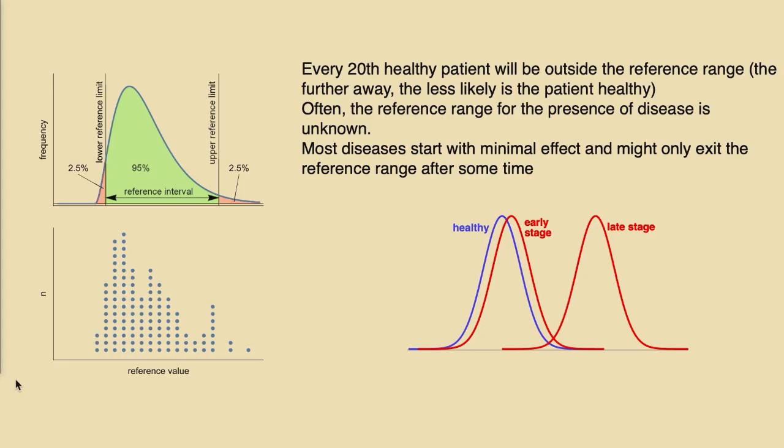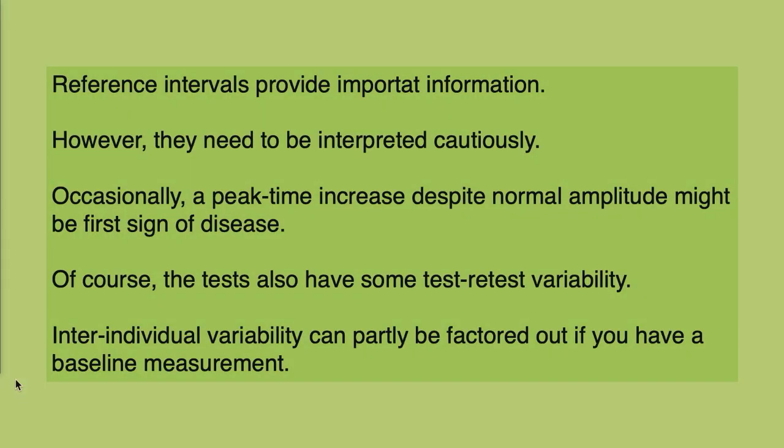You might have the idea that he's already towards the edge, hasn't crossed it yet, but maybe it's an early sign of disease. But you cannot easily put that into hard numbers. You have to know all these uncertainties to interpret it properly. And of course, when it gets to the late stage, maybe that distribution is not overlapping much anymore with the reference. So reference intervals provide important information, but they need to be interpreted cautiously.